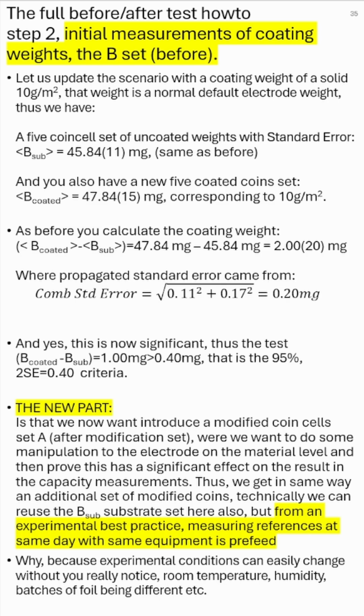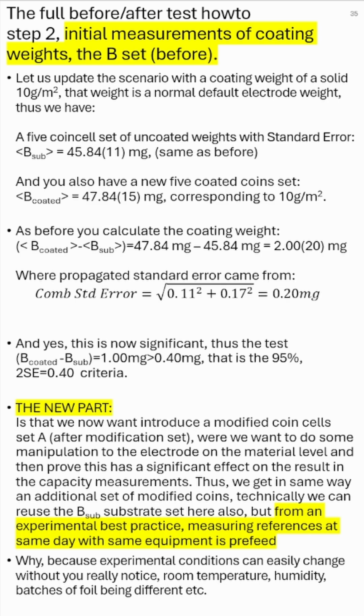The A set, so to say, is where we do some manipulation of that electrode material and see whether my new electrode material actually has some improvement. That's the fancy part, right? And here, from my experimental best practice, when it comes to these references, the copper substrate, we have measured 5 dummy coins, uncoated coins, in our B set, the B substrate.